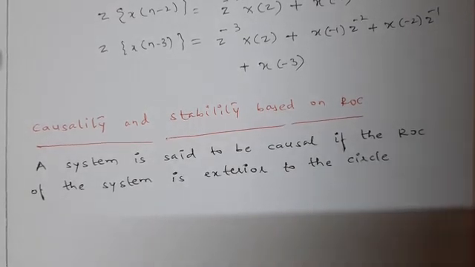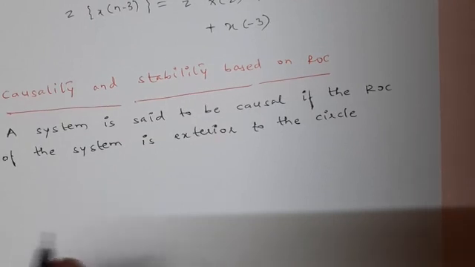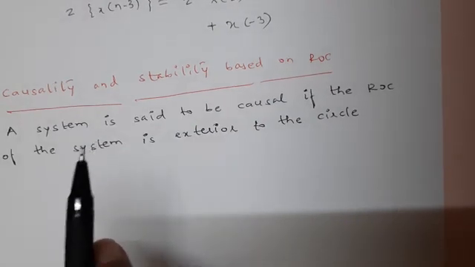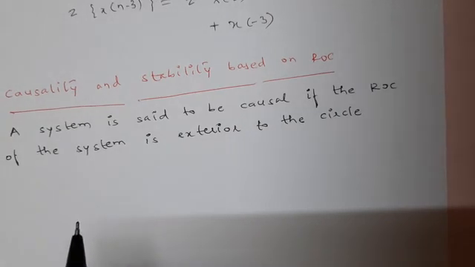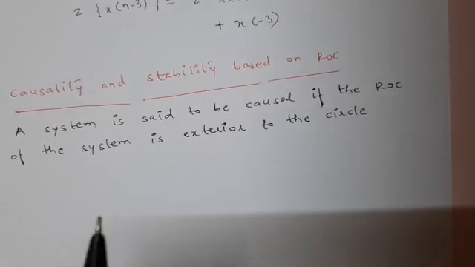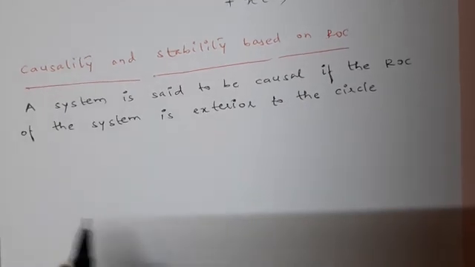When you plot the ROC, when you have poles and draw the circle, for example for z divided by z minus a, you have z greater than a. For such cases, when z is greater than a, the system is said to be causal. If you get z less than a, then the system is non-causal.